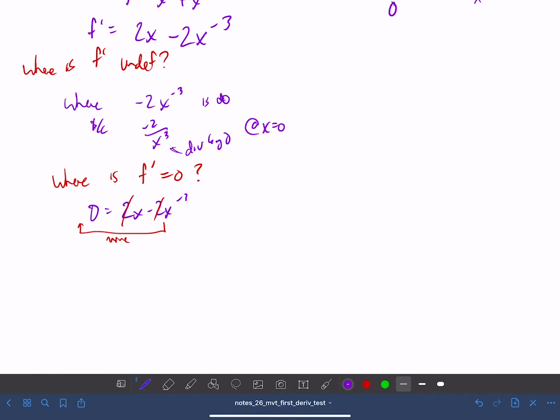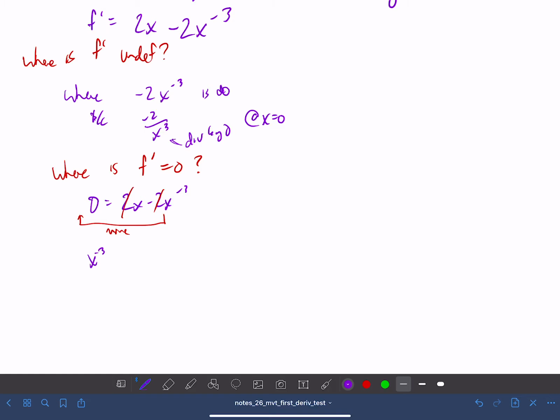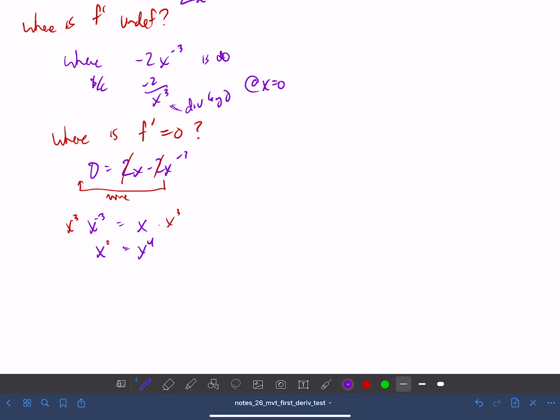And I'll get x to the minus 3 equals x. This looks kind of frustrating. And so let's multiply by x cubed on both sides. So then I'll have x to the 0, equals x to the 4th.